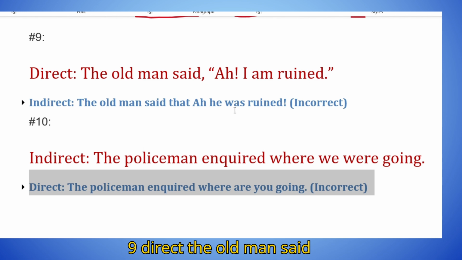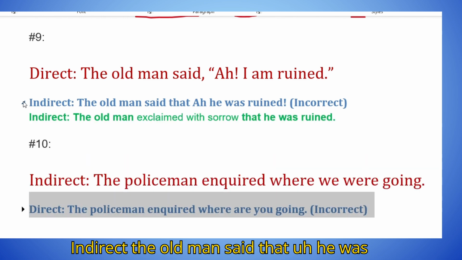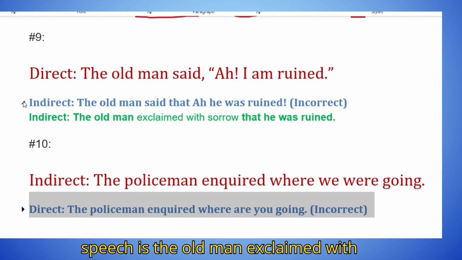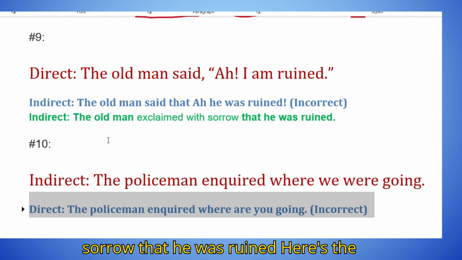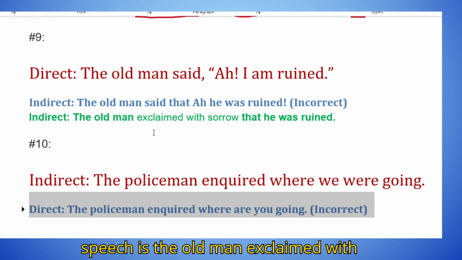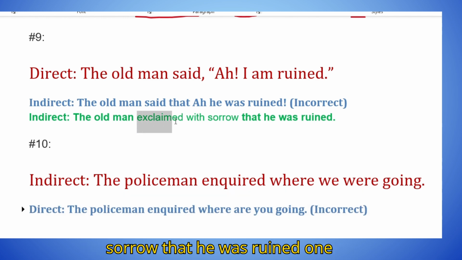9. Direct: The old man said, "I am ruined." Indirect: The old man said that he was ruined. Incorrect. The correct speech is: The old man exclaimed with sorrow that he was ruined. Here's the explanation. One: expression of emotion.